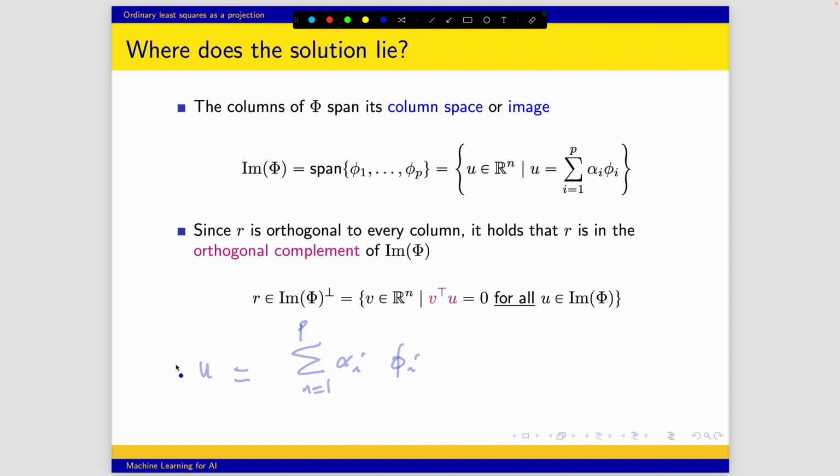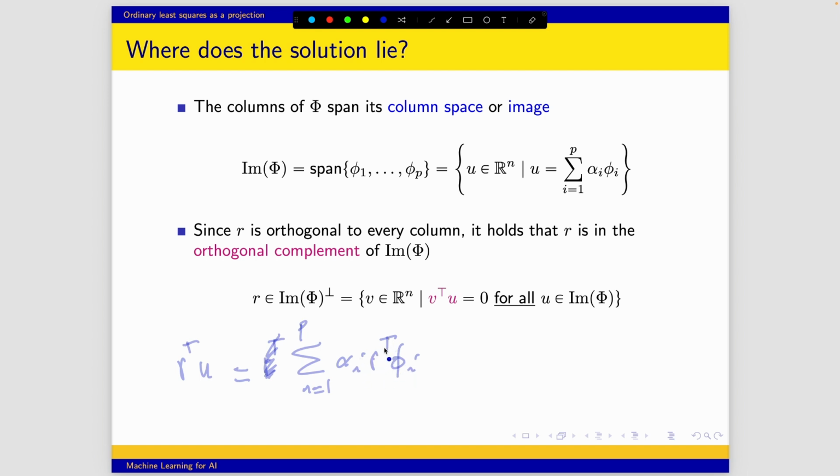Now, let's take the dot product of R with this general vector in the image space. So we're going to do R transpose U, which is R transpose this whole sum. We could take this inside, so it's the sum of some numbers times R transpose phi i.